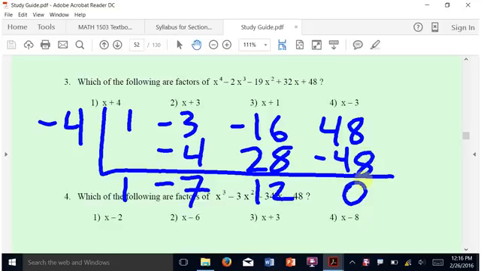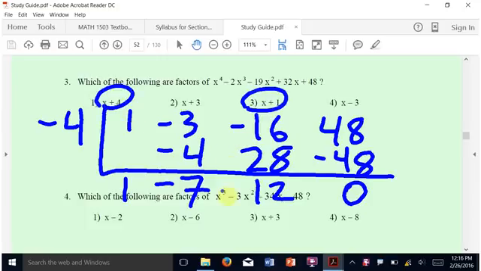So when we get a remainder of 0, we know that negative 4 is a 0 of this function, and that x plus 4 by the factor theorem is a factor. So we have so far x plus 4 and x plus 1.